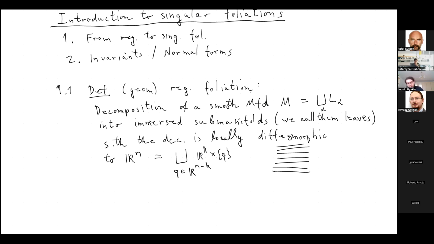However, we have no control over how it looks globally. For instance, we could be on a torus and we look at curves which go at an irrational angle, so we have kind of dense leaves going around it infinitely many times.